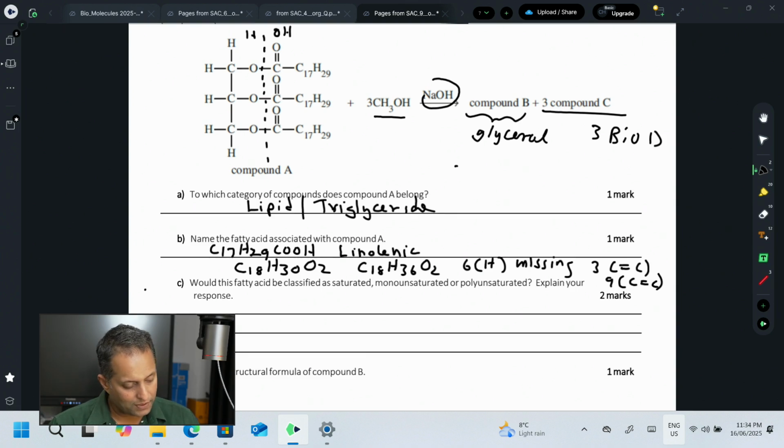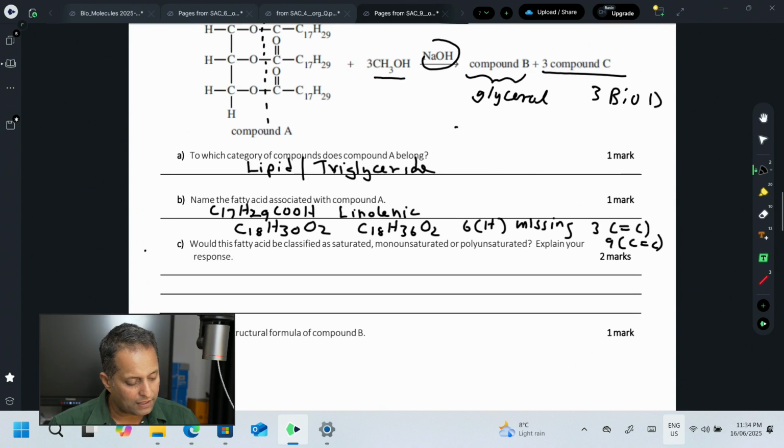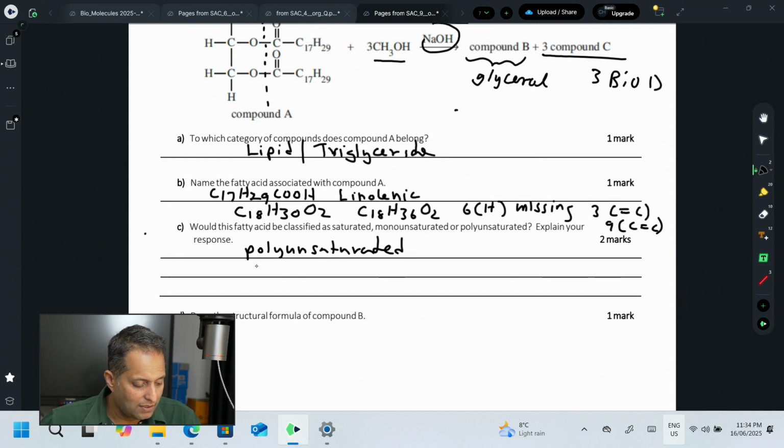All right, name the fatty acid. We've done that. Would the fatty acid be classified as saturated or unsaturated? Explain your answer. It's a 2-mark question. In order to explain the answer, first you need to say it's polyunsaturated, because there is more than one carbon-carbon double bond.